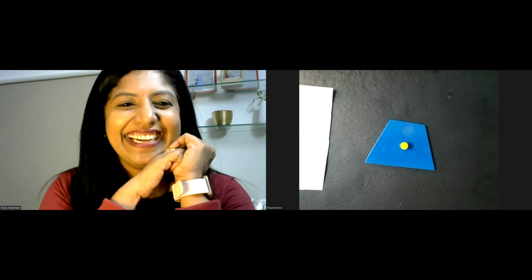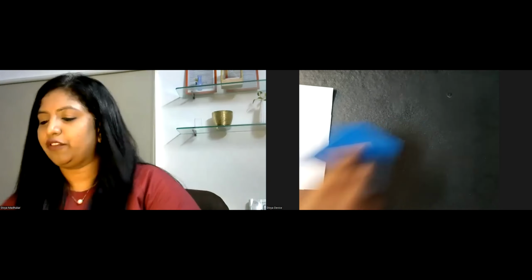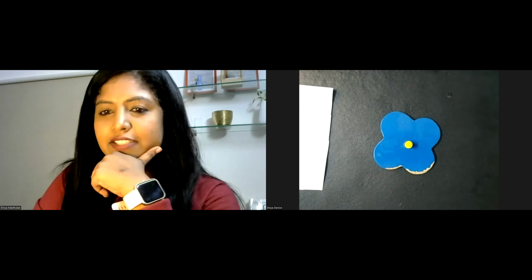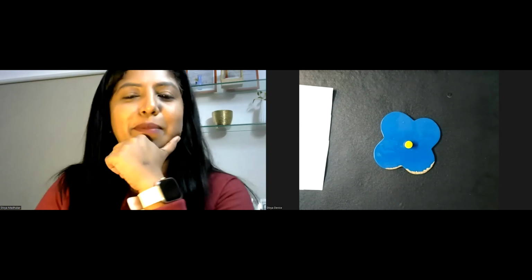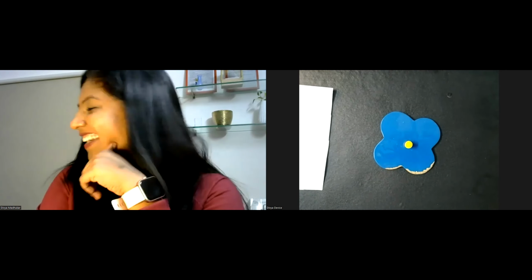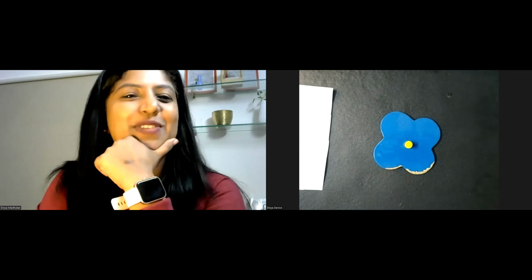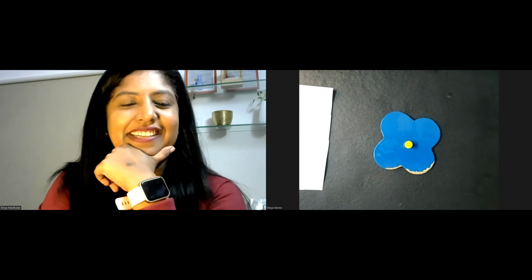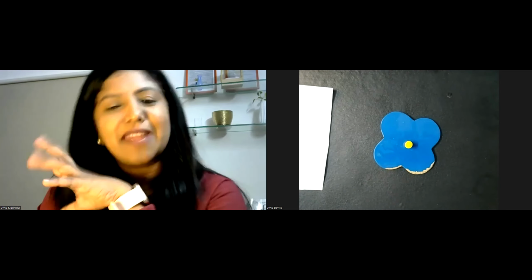And what about the quatrefoil? This is the quatrefoil. The shape name is quatrefoil.